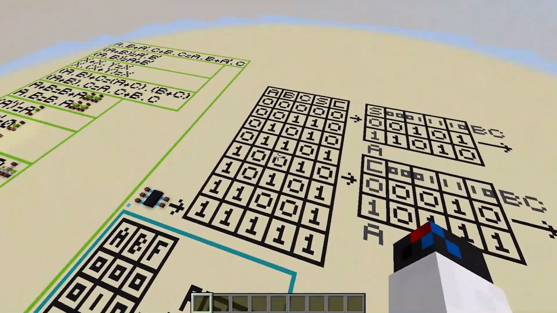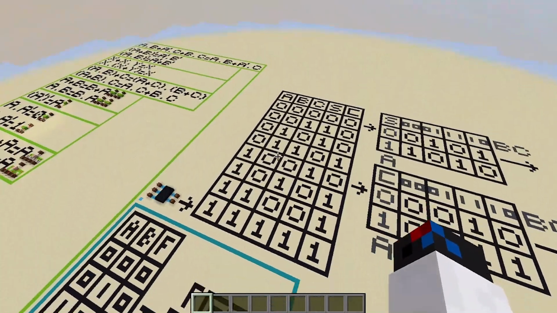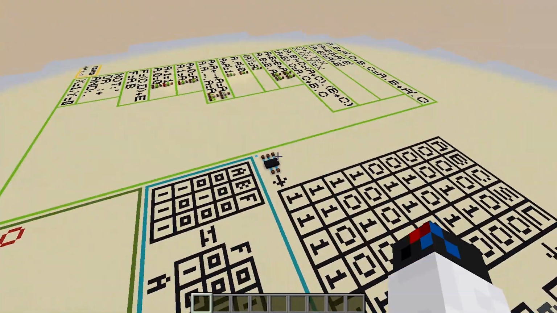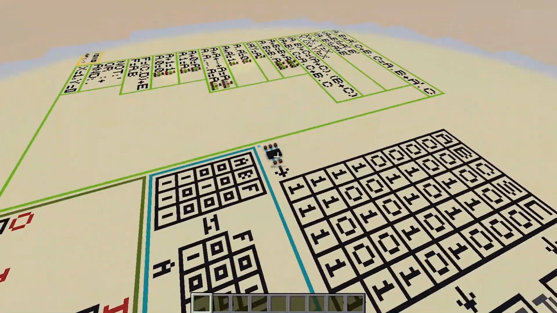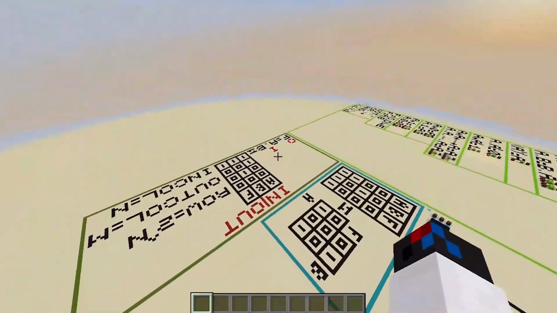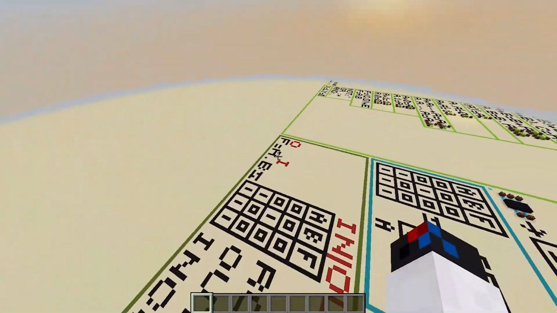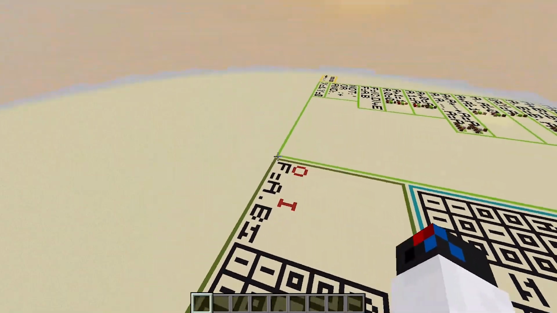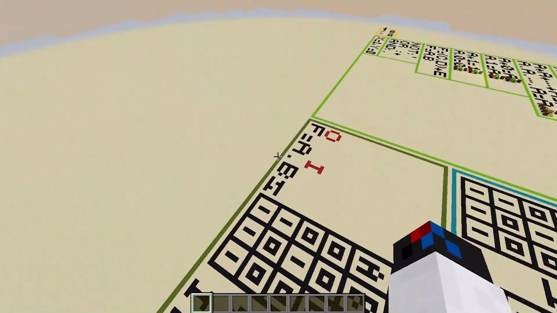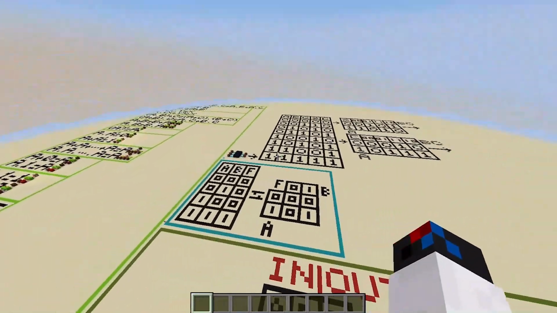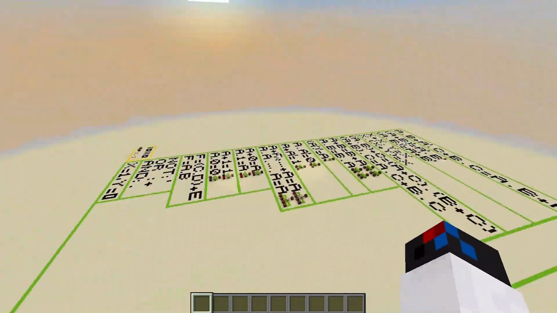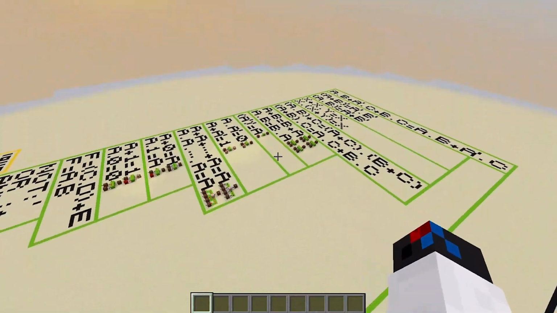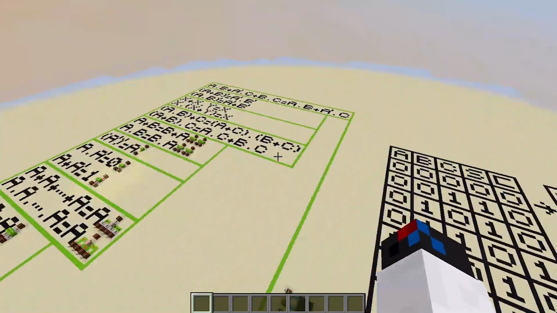After you construct the truth table, you have two ways of designing a digital circuit for your problem, in this case a full adder. The first way is to derive a Boolean function from the truth table like this, and then use these laws right here in order to simplify the Boolean function down.